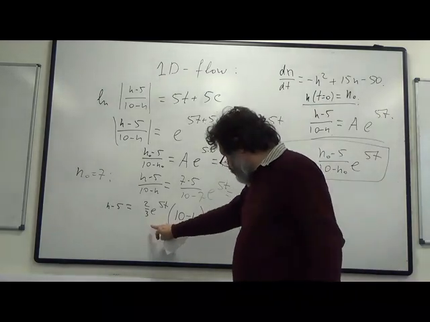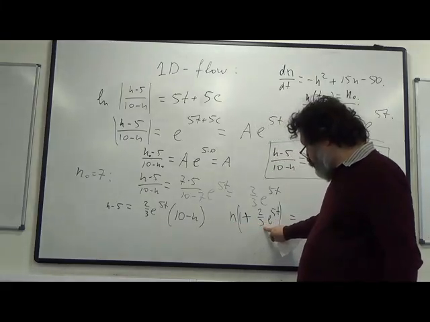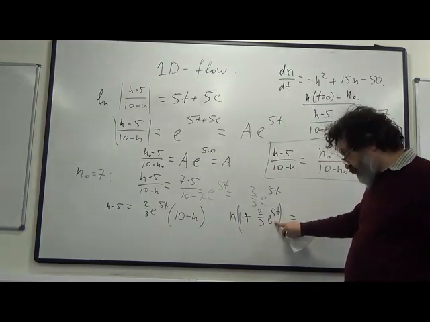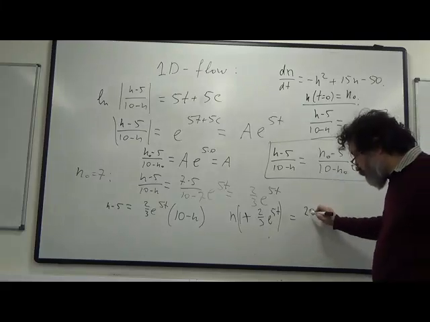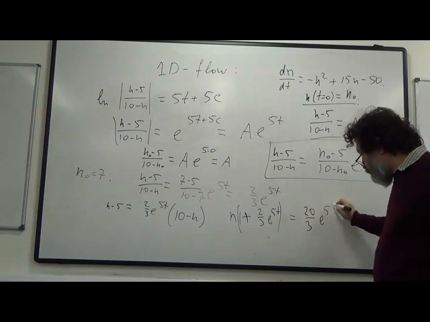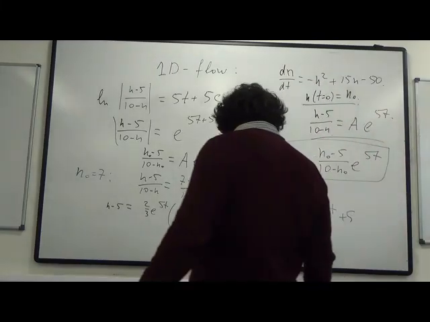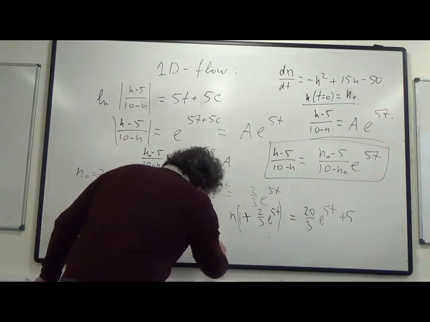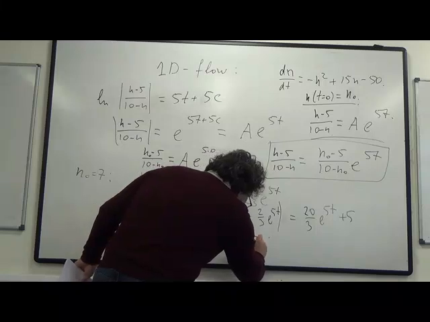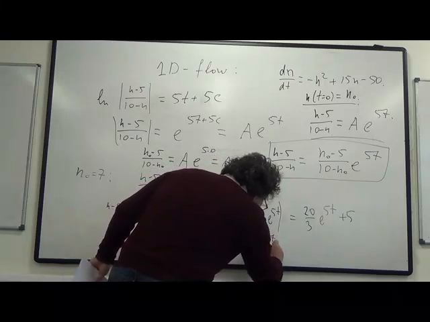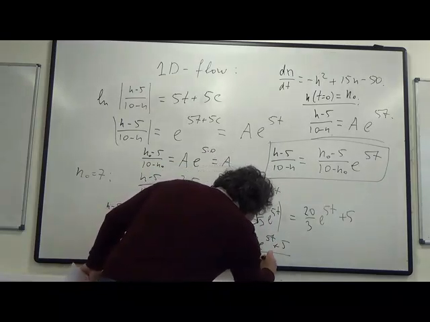So this was correct. N plus 2 over 3 e to the power of 5t, this is correct, equals 20 over 3 e to the power of 5t plus 5. So here was a mistake. And therefore, n will be equal to 20 over 3 e to the power of 5t plus 5 over 1 plus 2 over 3 e to the power of 5t.